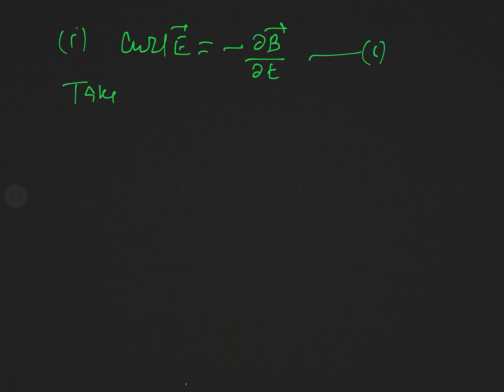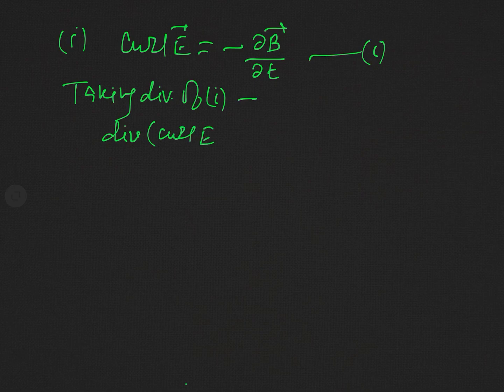So taking divergence of 1, what will we get? This will be divergence of curl of E, and this is equal to minus divergence of del B by del T.